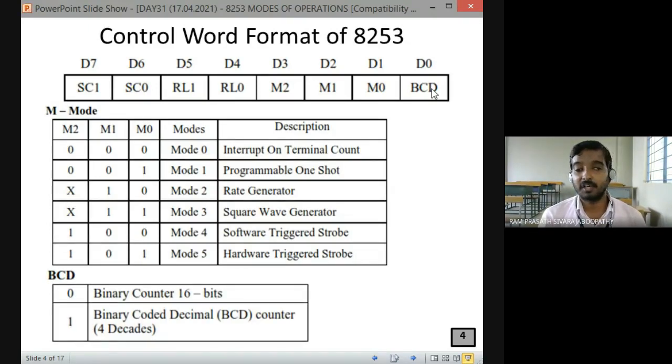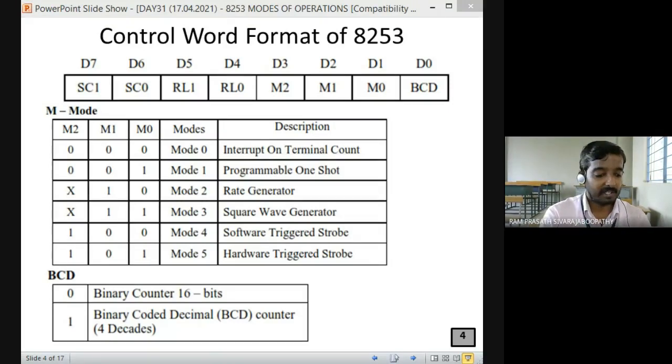BCD counter means what? For example, I have a count value of 15, 0015H. If I put this value 0015H in the counter register, how can 15 counts be done?